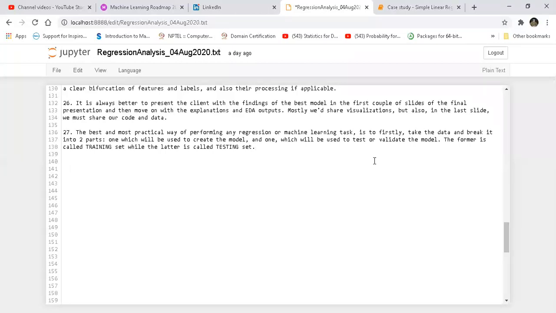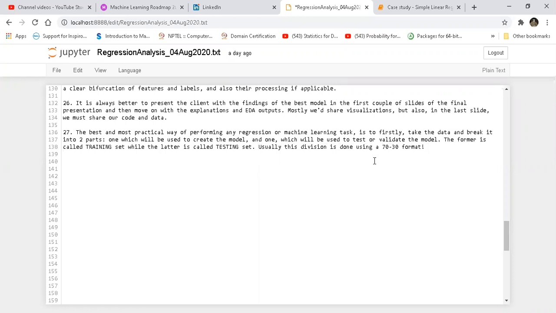Okay, so I'm simply going to divide the data usually in a 70-30 format. So 70% of the data I'll use to train my model, 30% of my data I'll use to test my model.